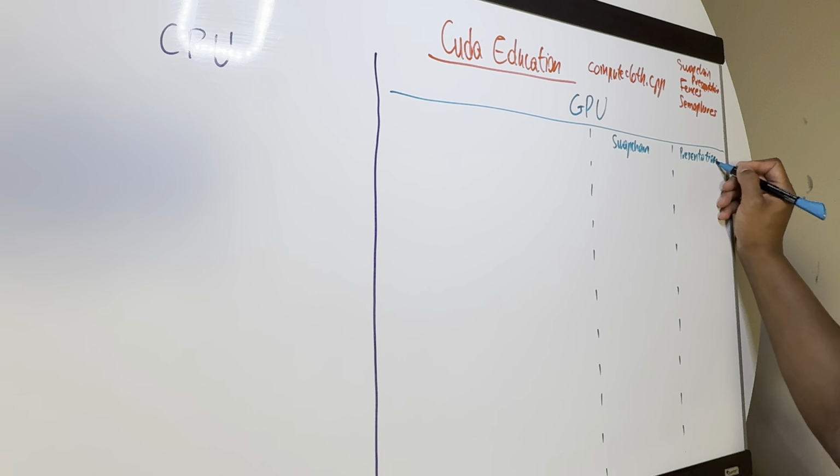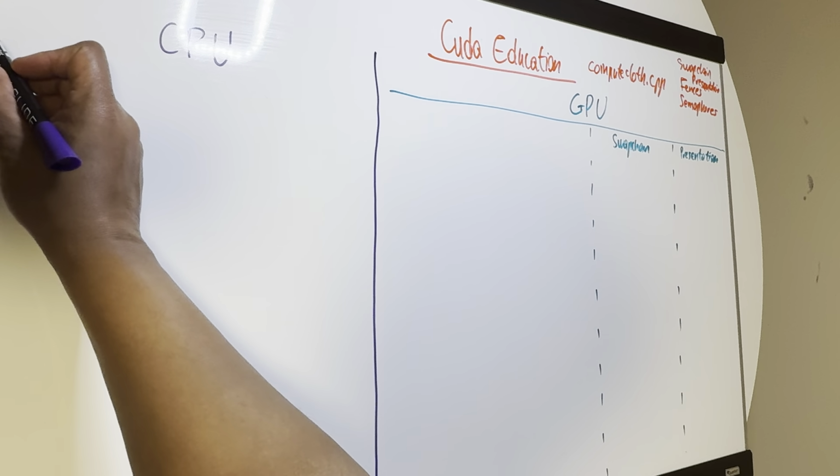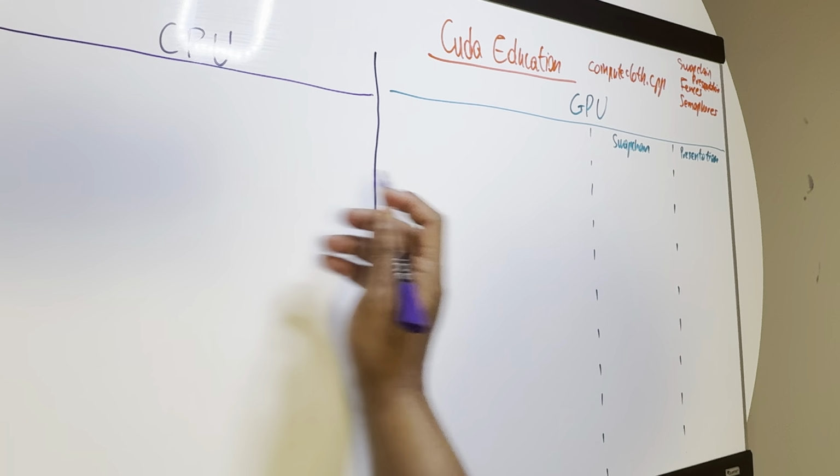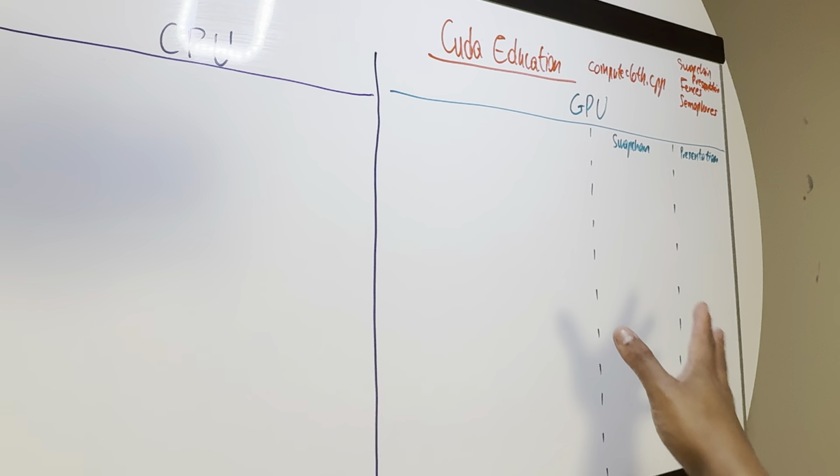So we have the CPU, which is your Intel or AMD CPU. The CPU is going to submit work that needs to be done to the GPU.